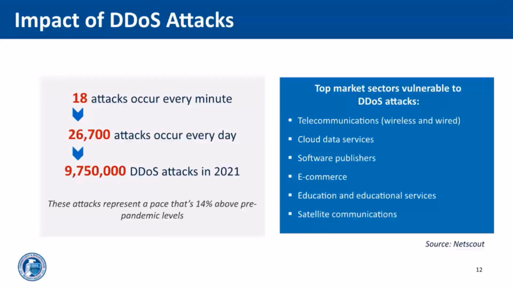Obviously, we can think of the financial loss: loss in e-commerce due to down or delayed websites, maybe resource-intensive mitigation efforts, loss of productivity because now your staff has to focus on resolving the issue versus providing a service available to customers, if that's the kind of business that you're operating. And then finally, the lasting damage to a company's reputation.